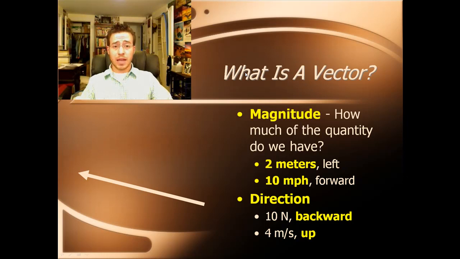The arrow will always have a point on one end, a tail on the other end. We'll call this the point, or the tip, and this the tail. The magnitude we usually describe with some form of lettering. I really recommend that you write down the units along with the value of the vector itself.